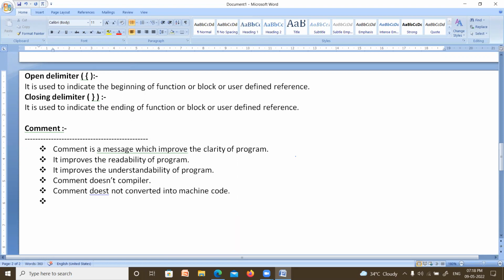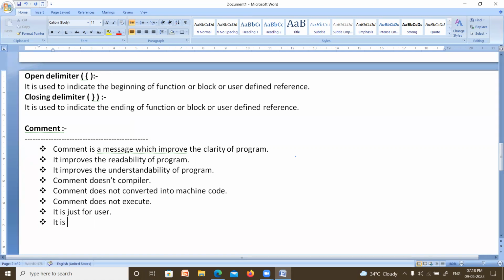They don't execute also. Why are you writing this? It is not for the compiler. It is just for the user.